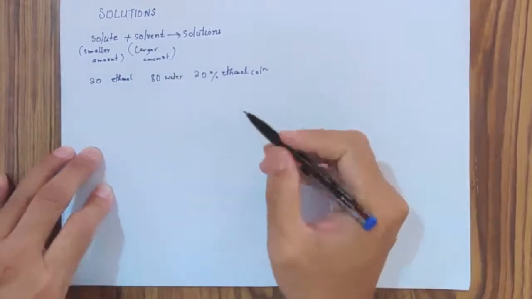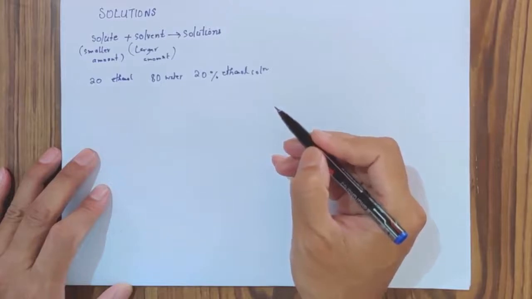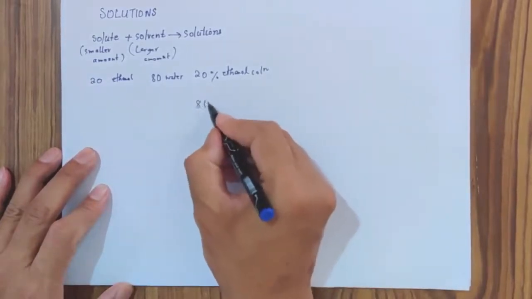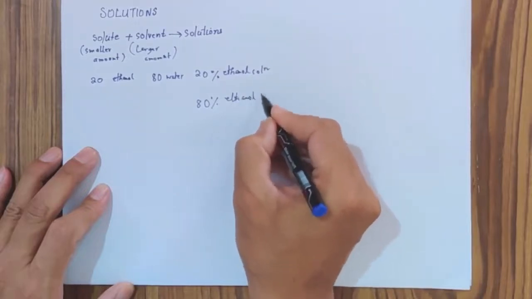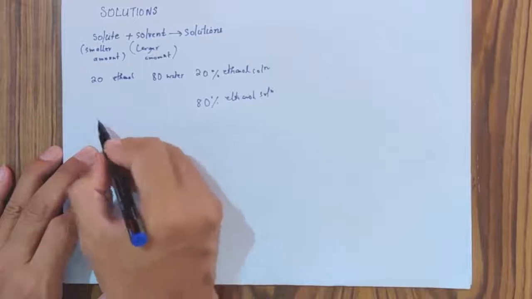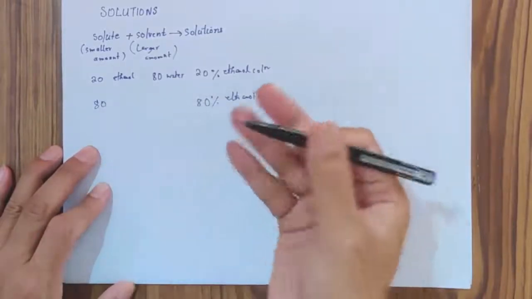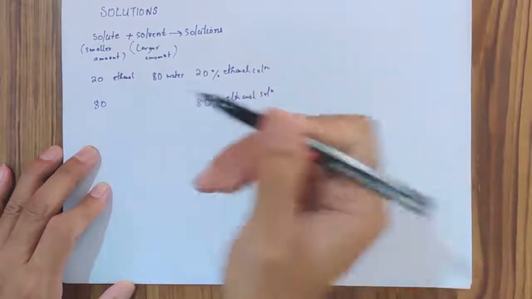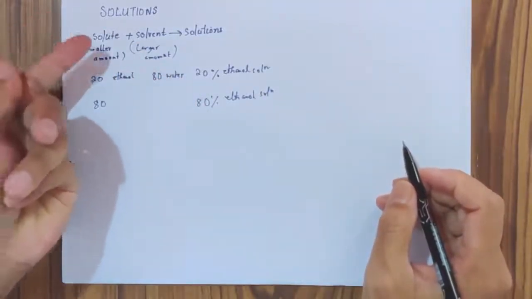Okay. In an 80% ethanol solution, 80 parts is ethanol and the remaining is water. So solution is what? Solute plus solvent.